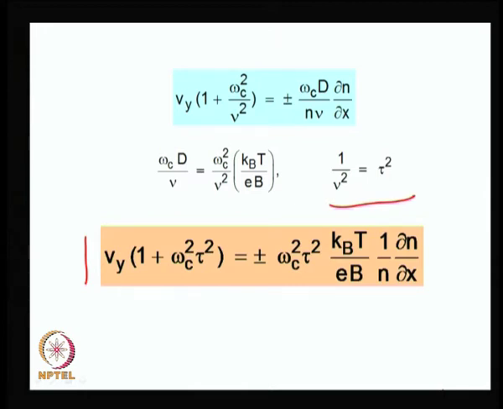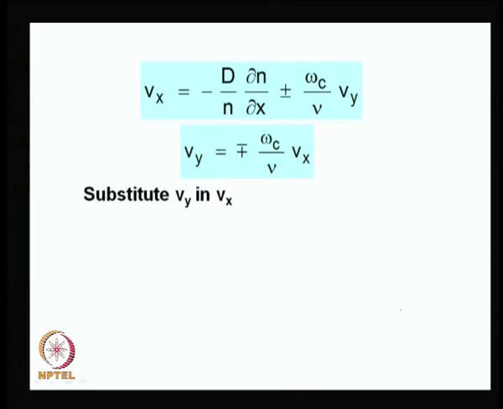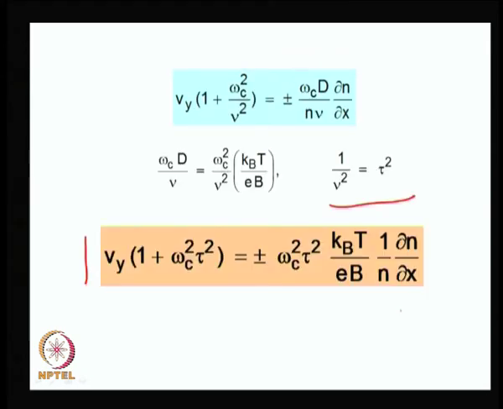So, we get an equation for Vy which does not contain Vx. It is a result in terms of the density gradient. We divide the expression by 1 plus omega c square tau square and we get an expression for Vy.